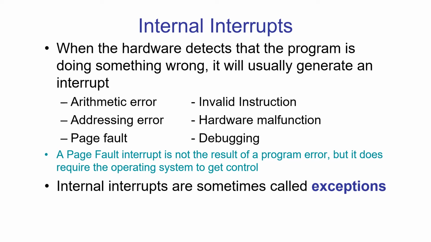A page fault is not really an error, but it means that the program has executed an instruction or referenced data that is not currently loaded in RAM. The page fault occurs and the operating system gets control, figures out what to do about finding more memory for this program, updates the page table, and then restarts the user's program at that instruction.